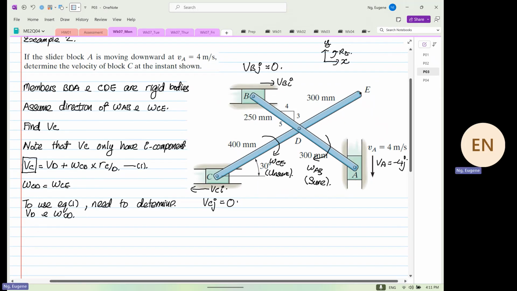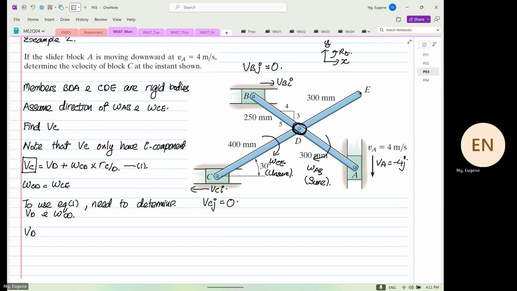Okay, so we know VD. So now we are focusing on point D. So VD will be equal to what? I'm going to use point A now. Why am I going to use point A? Because point A can help me what?